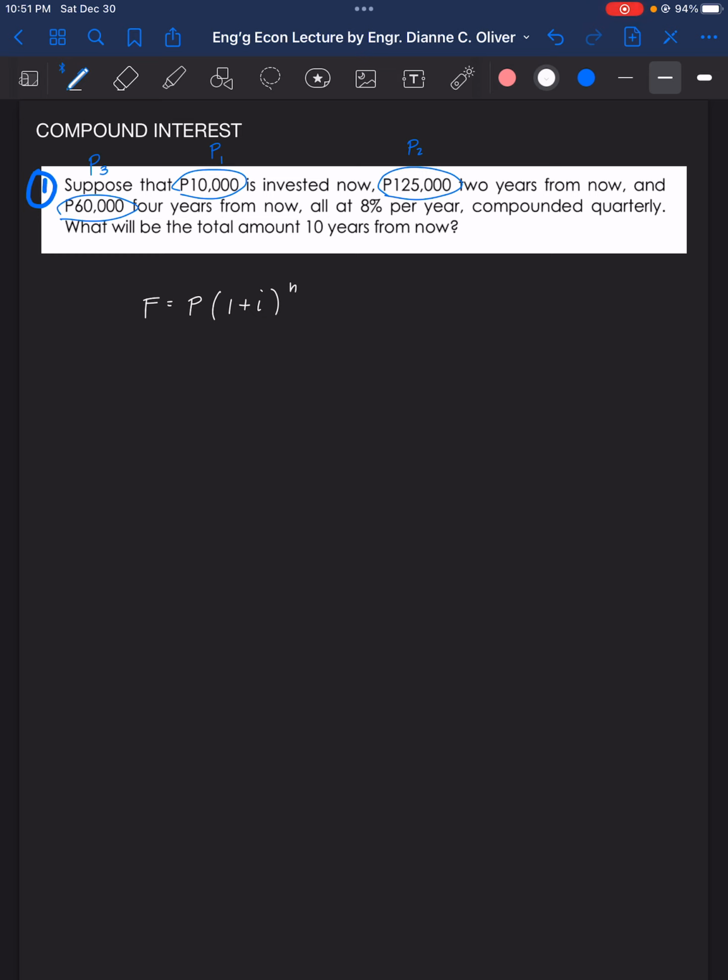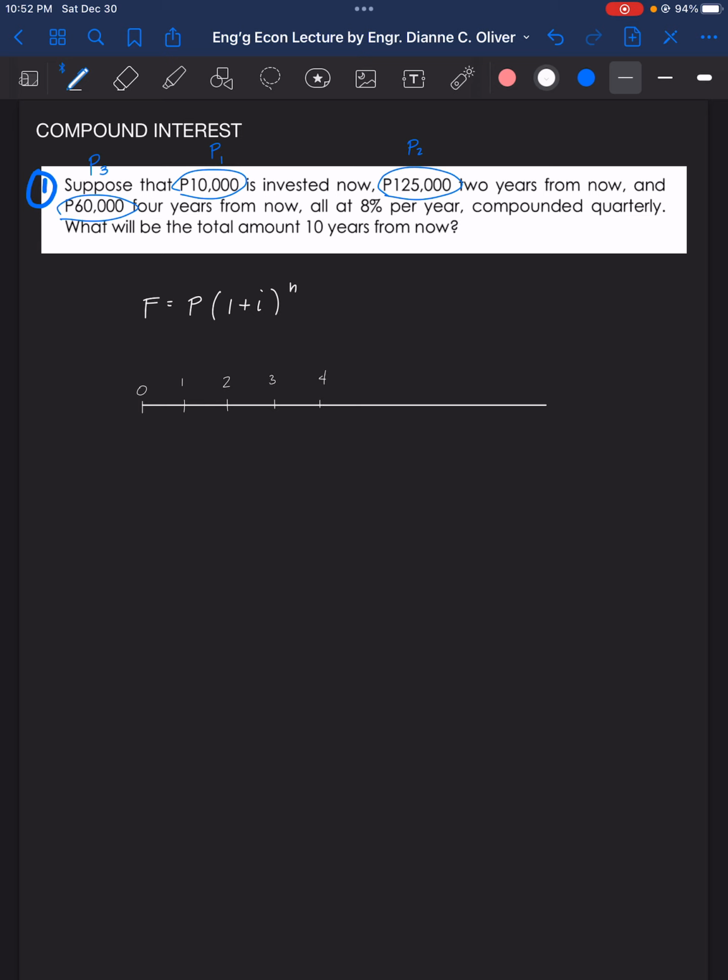You can see the cash flow diagram here. Year 0, 2 years from now, and then 4 years from now.